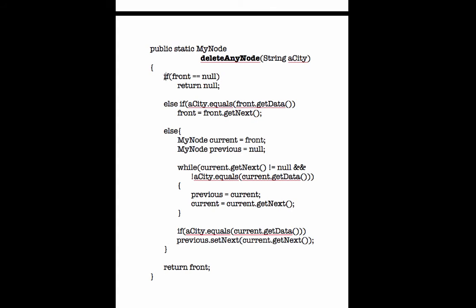So it is very important for you to realize that these two basic cases not only are needed, but they will make your code more efficient. Finally, whichever node gets deleted, remember I wrote this method by returning a value at the end that is the value of the first node in my list. So what I want to do is return front. So this will conclude the presentation on how to delete an interior node from a linked list.